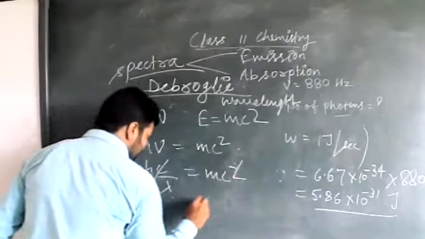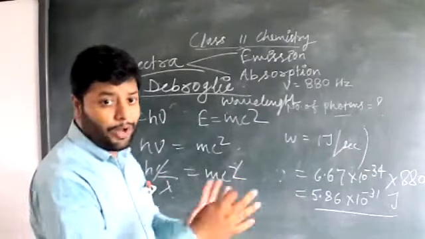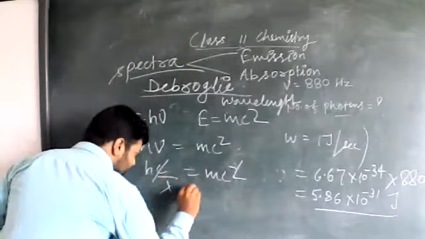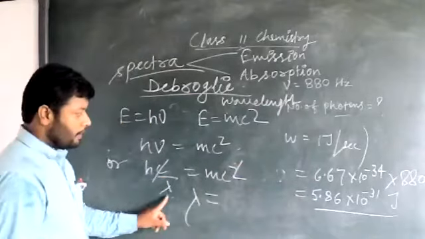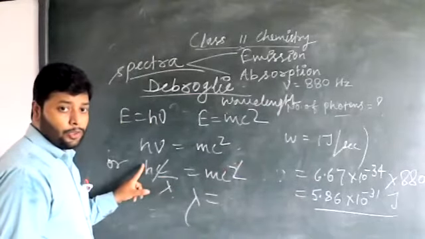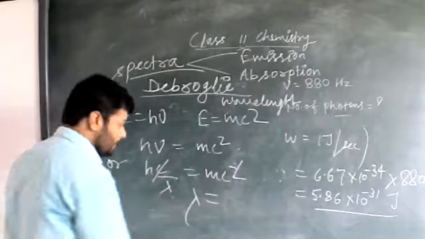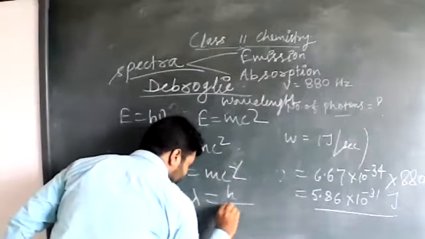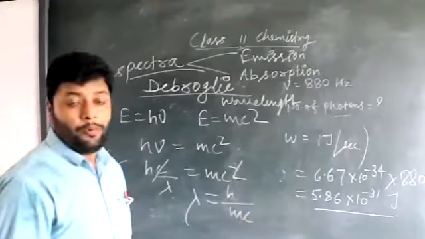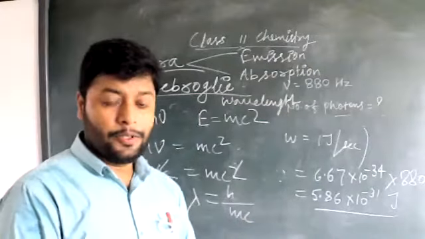The c cancels, and the formula will be lambda equal to h upon mc, where c is the speed of light.